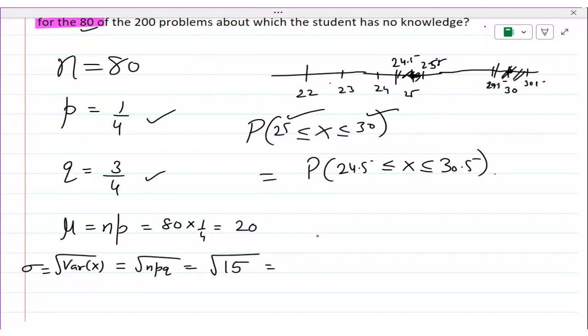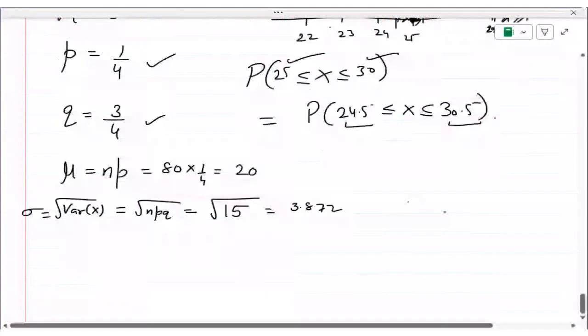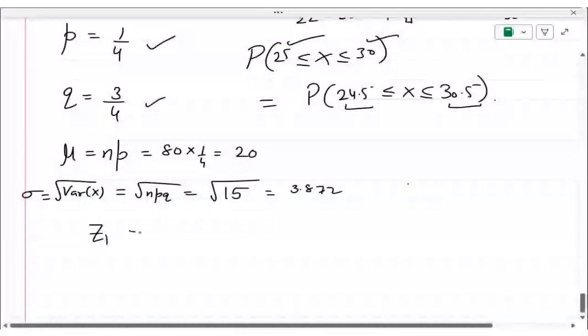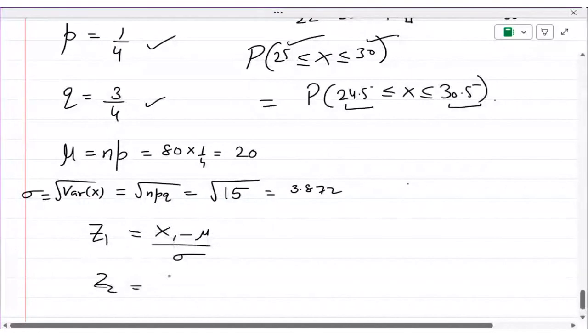Okay. So now we will convert this 24.5 and 30.5 in terms of Z. So what is Z1? That is X1 minus mu divided by sigma. And what is Z2? That is X2 minus mean divided by sigma.